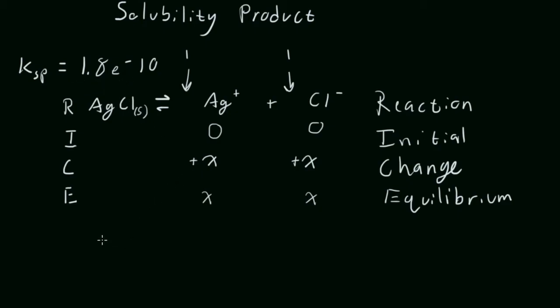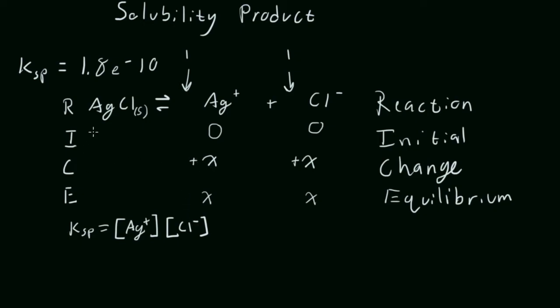Our KSP, we have a value for. But we can also create an equation for it. Our KSP is going to be equal to the products divided by the reactants, just like in any other equilibrium. And because the AgCl is a solid, it doesn't get included. And so our KSP is simply going to be the concentration of silver times the concentration of chlorine.